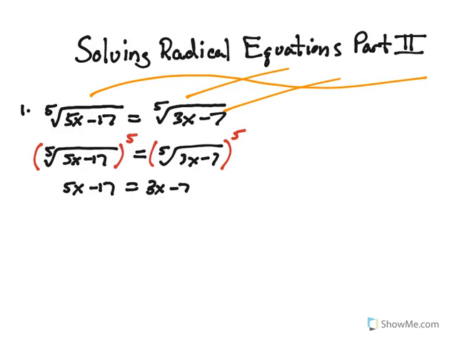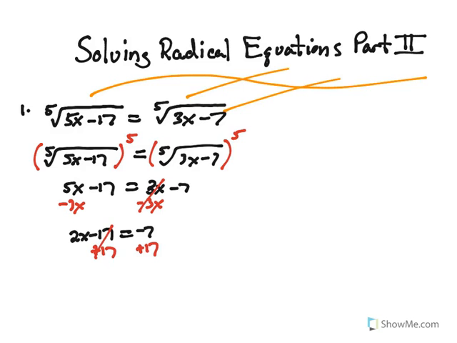Now we need to get all the terms on one side, and so when we do that, I'm probably just going to subtract the 3x here. That way that cancels, and then you're just left with 2x minus 17 equals minus 7. And then I'm just going to go ahead and add the 17 to the right.